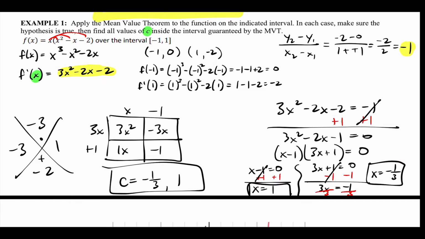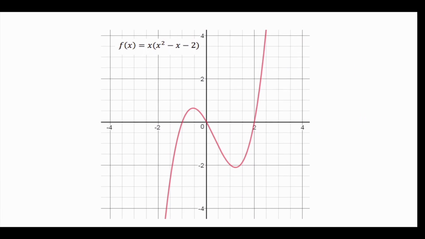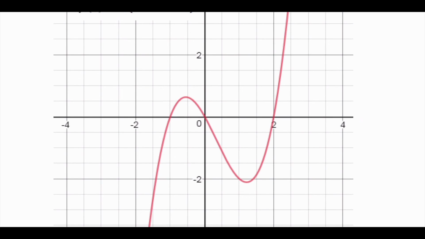If you don't believe me, look at the back of your paper. I have the actual graph on here, and I'm going to show you what this actually means visually. So this is the graph of the one we just found. We went from negative 1 to positive 1. That was our interval.